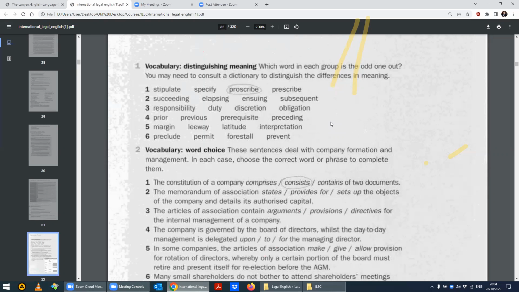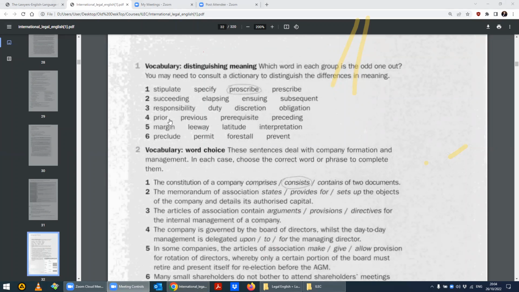Very interesting, very subtle difference, very difficult. Oh, I've got a good choice here, preceding, prior, prerequisite.